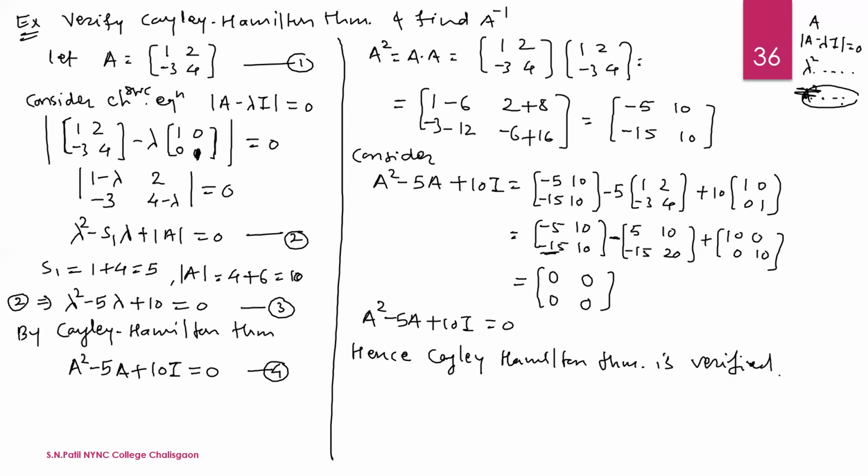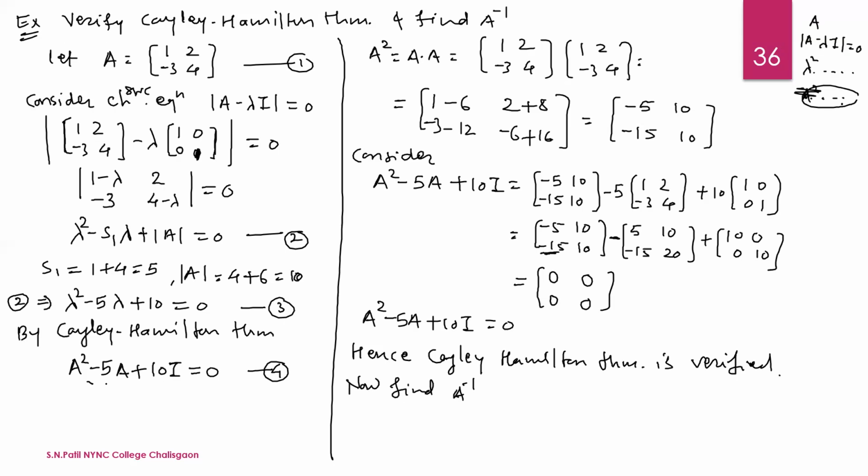Now let us find A inverse. For A inverse, we multiply equation 4 by A inverse throughout: A squared minus 5 times A plus 10 times the identity matrix is equal to 0.